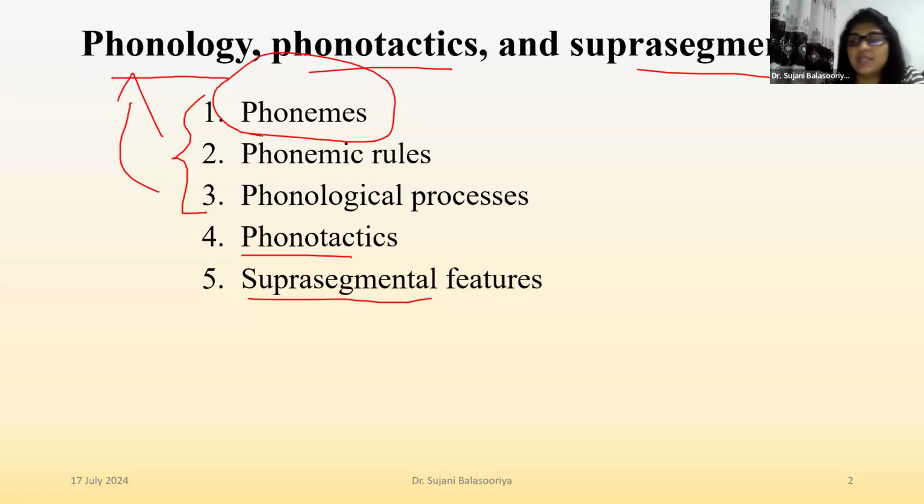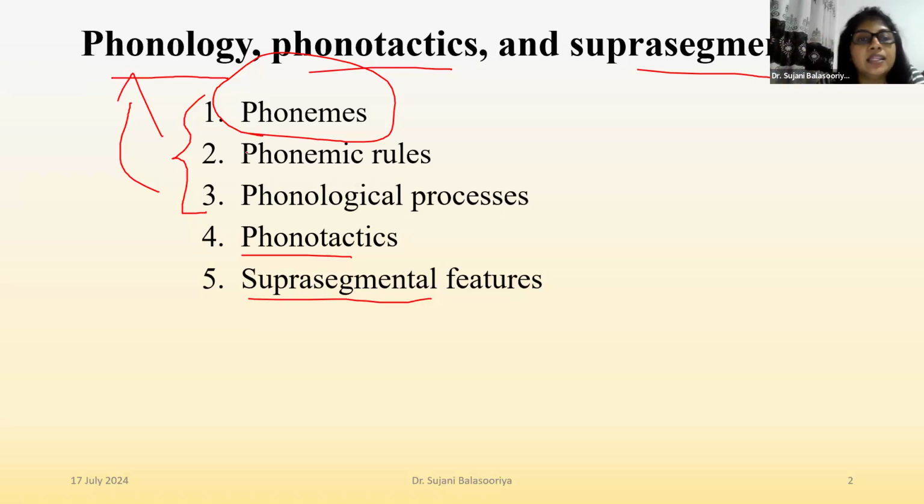This term is not new to you, am I correct? Yes, ma'am. You already know it. You should be able to renew your memory, and you need to know a little more about the phoneme, not only the definition, especially the minimal pairs and allophones. That's what we are going to discuss.